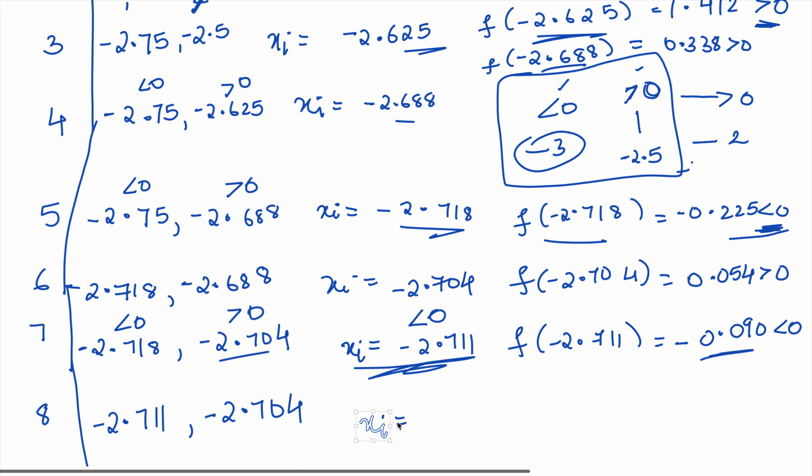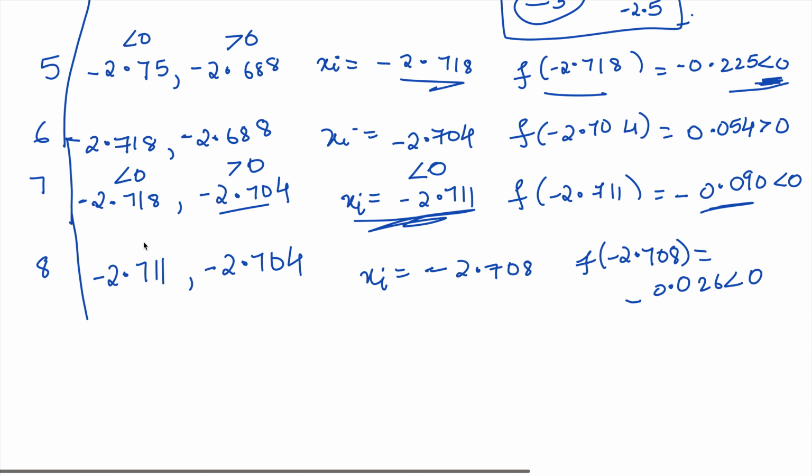Now what is xi? -2.711 plus -2.704 divided by 2, which is -2.708. f of -2.708 is equal to -0.026, which is less than 0.